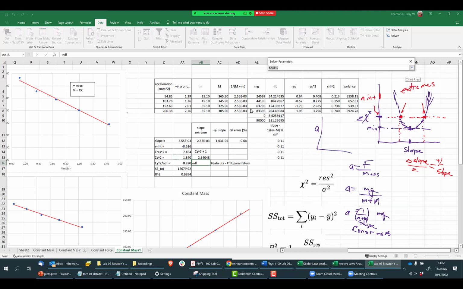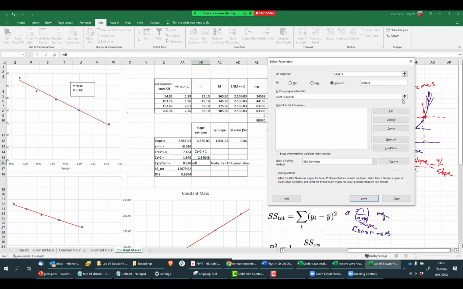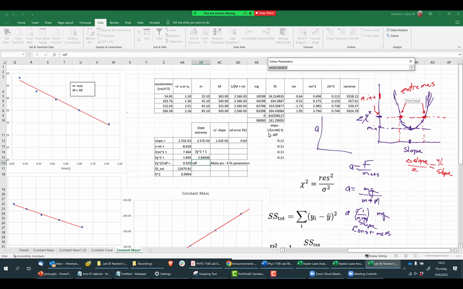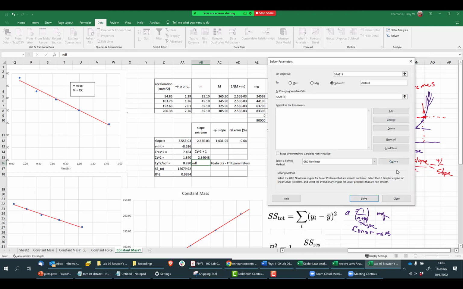And then I just want to make sure it's the right sigma chi-square. And now, though, we only want to vary the slope. We don't want to vary the y-intercept, because we just want to find the plus minus slope. I even tried typing in a cell number too, it wouldn't work.